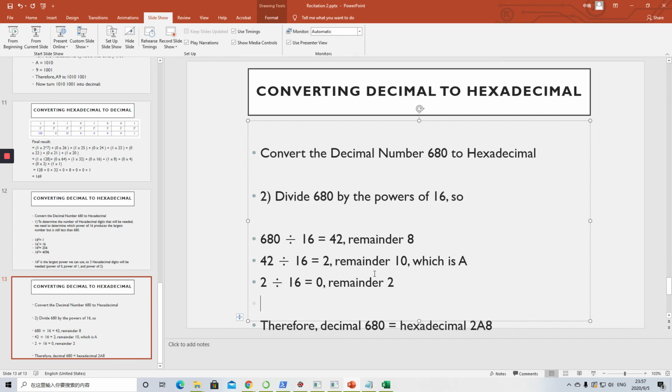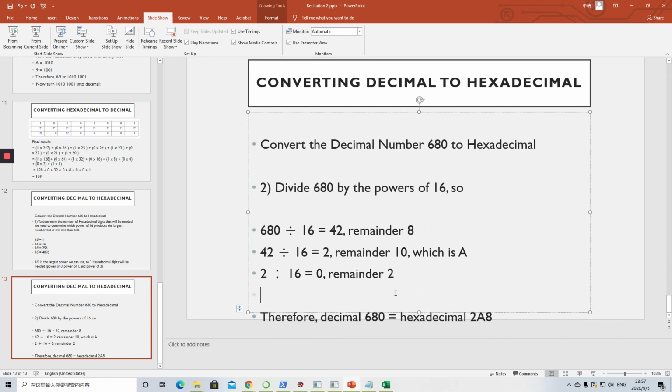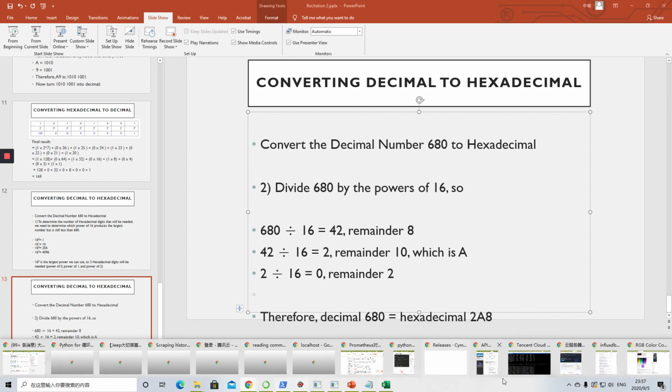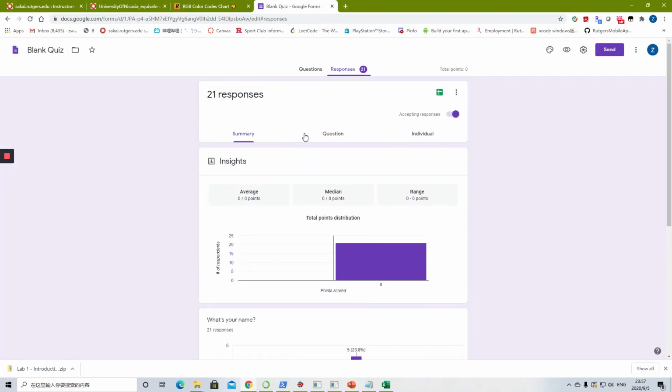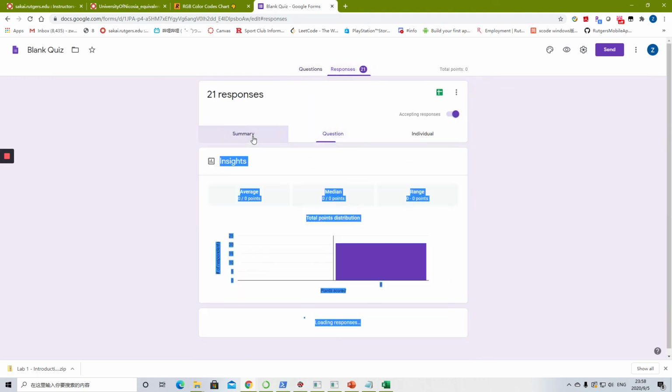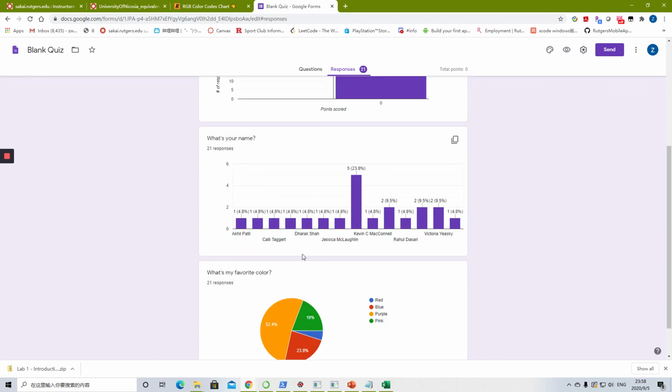Okay, so basically this is the content for this week, and I want to talk about the Google form. For the first week, I just want to have a test on it, so don't worry about it. But for the following weeks, I think the format is going to be like this, but I'm not sure.